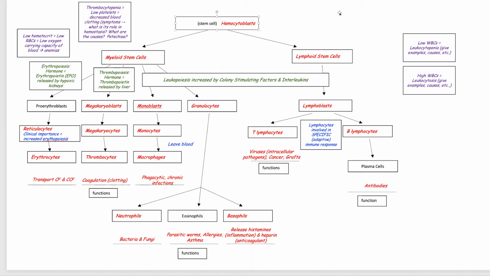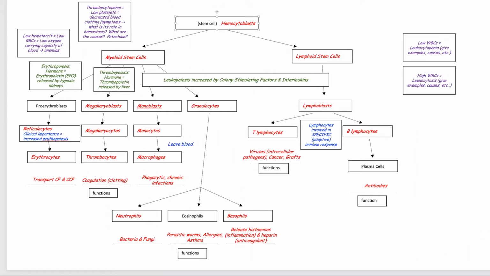Let's begin with this side of the chart. I have the lymphoid stem cell giving rise to immature lymphocytes, which are called blasts, so lymphoblast. There are two different types of lymphocytes which the lymphoblast can become, or two main categories: T lymphocytes and B lymphocytes.